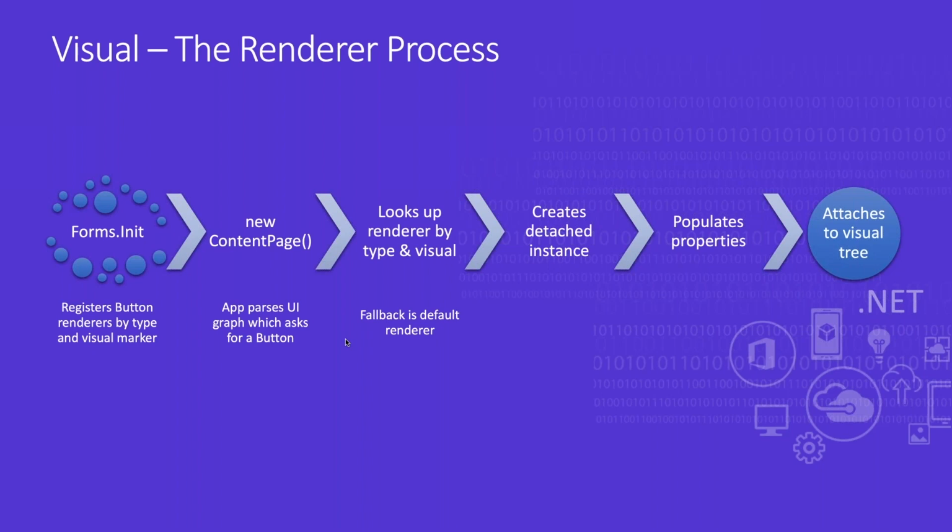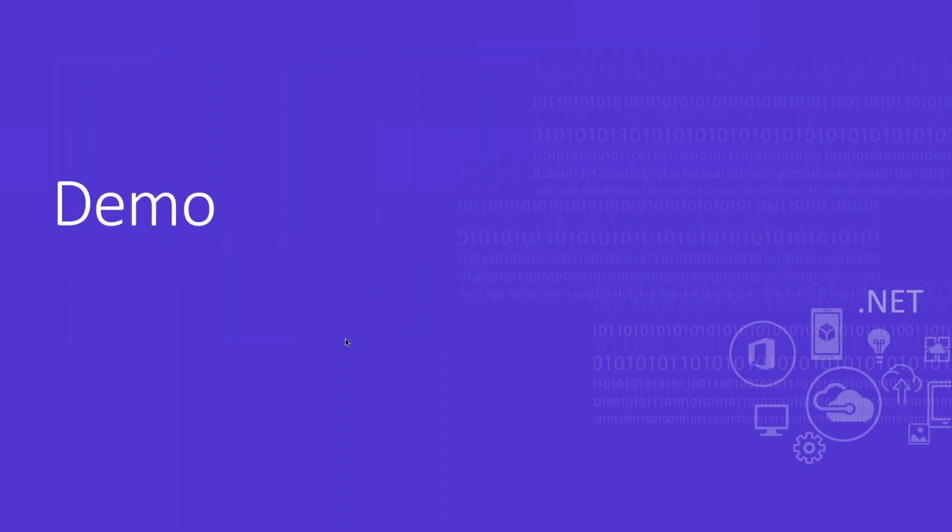So that's really the renderer process, where it crosses over from the Forms shared code into the platform specific code. And when you are creating your own custom renderers, you're just hooking in at that platform level. So let's go to code.